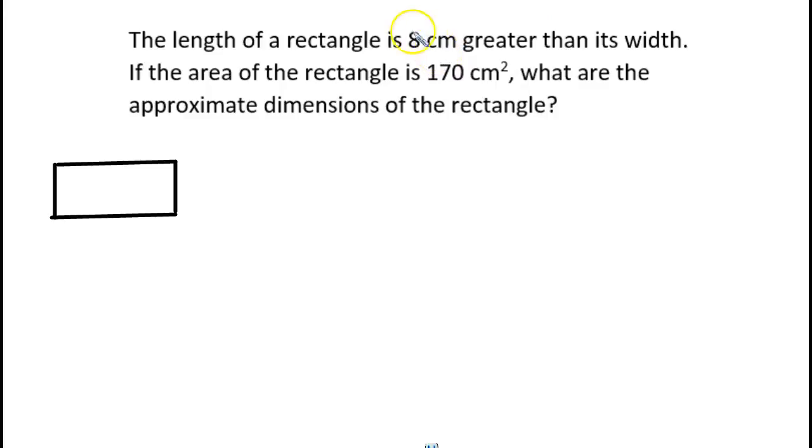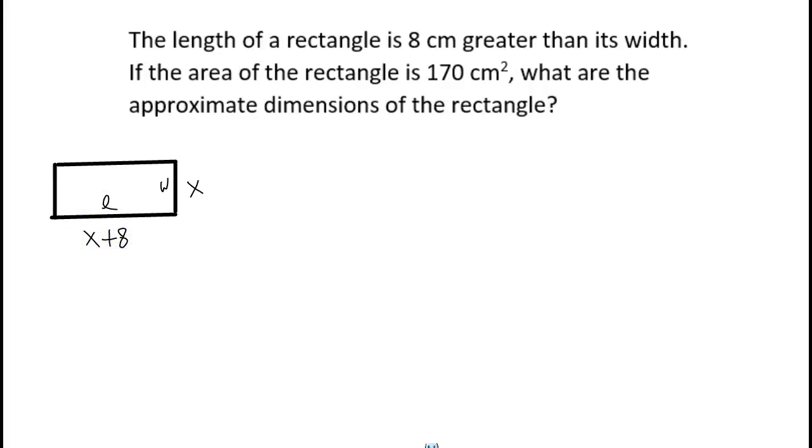My length is 8 centimeters greater than my width. So if this is my length right here, it's got to be 8 centimeters longer than the width, which is right here. There's width, there's length. So if I let x be my width, you could use w, you could use any variable you want, but I'll use x. If I let x be my width, then length has to be 8 more than that.